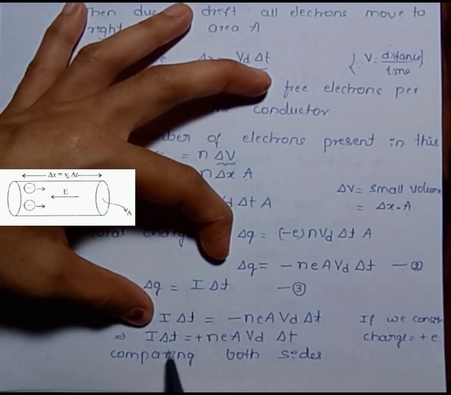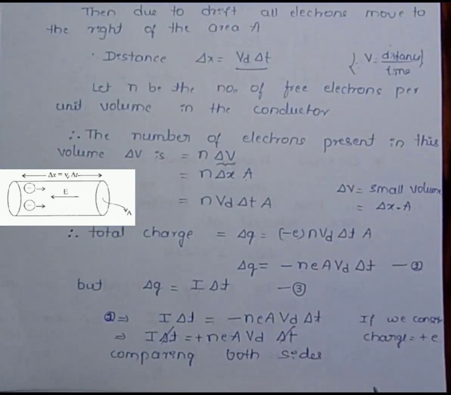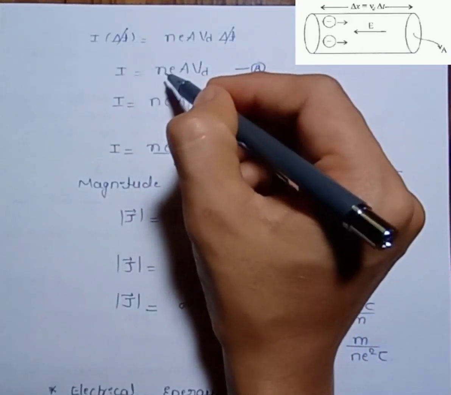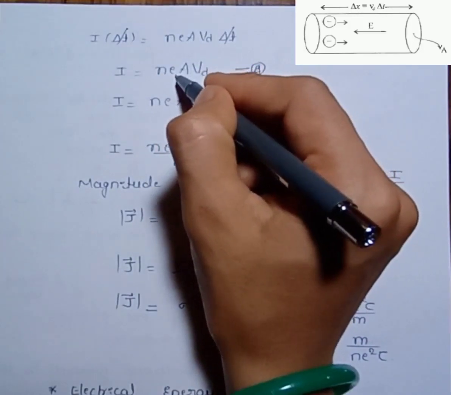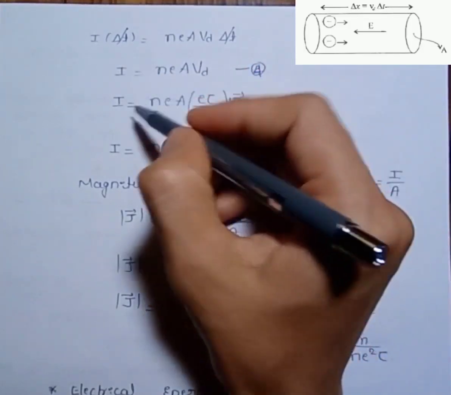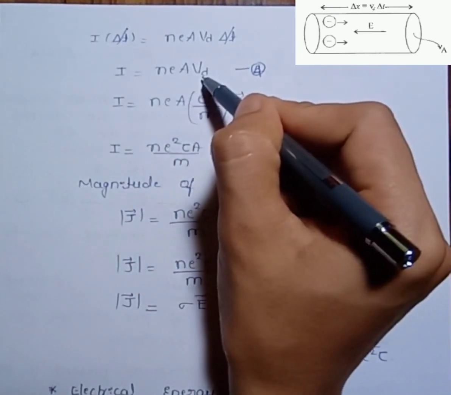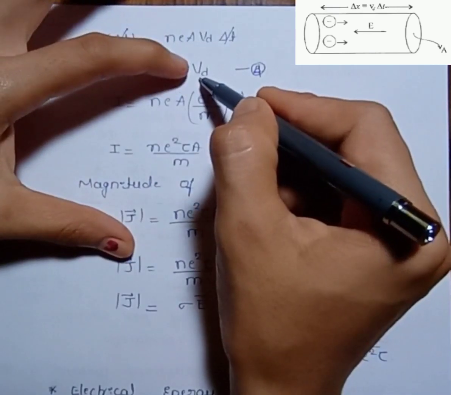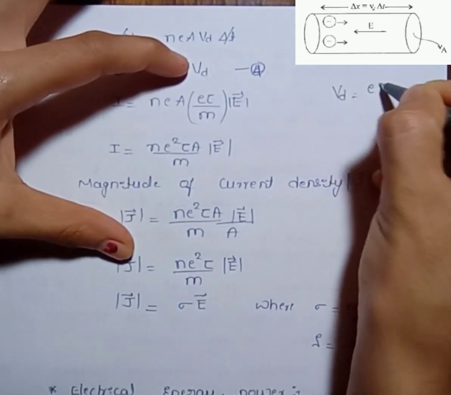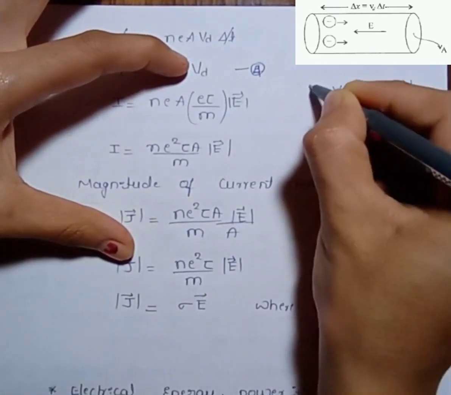Comparing both sides, delta t and delta t cancel each other. The value of I equals n into e into A into Vd, equation 4. Here I is equal to neA. In place of Vd, what do we have to substitute? The drift velocity, Vd equals e tau divided by m into E.